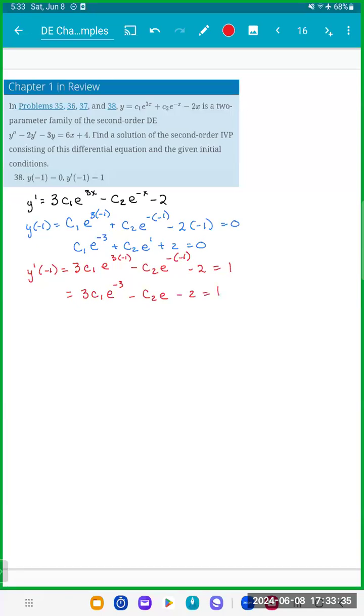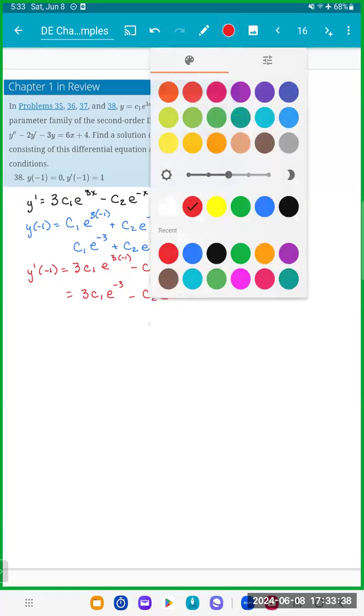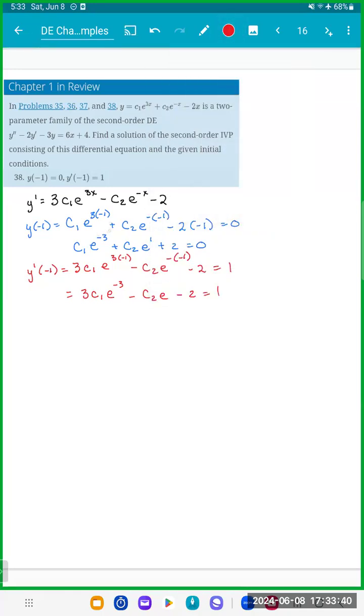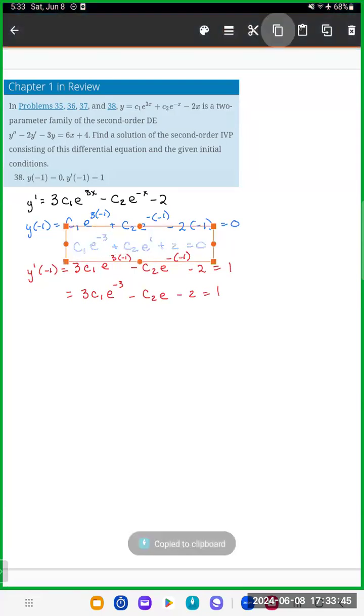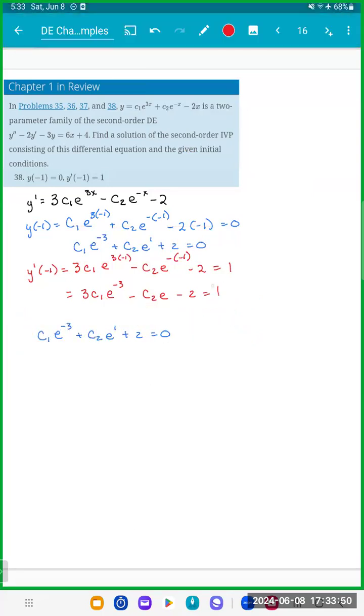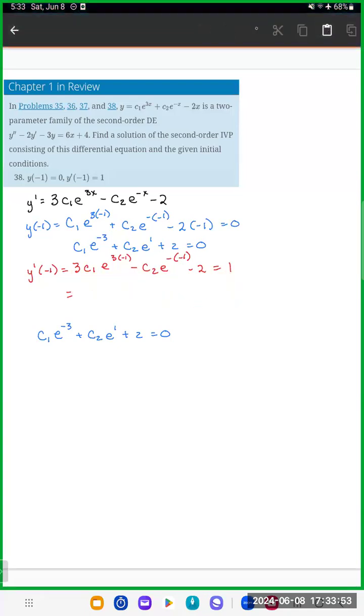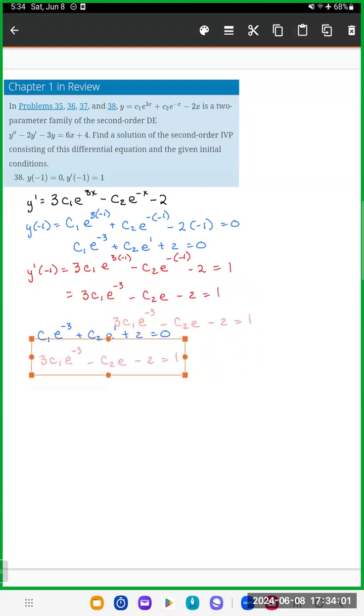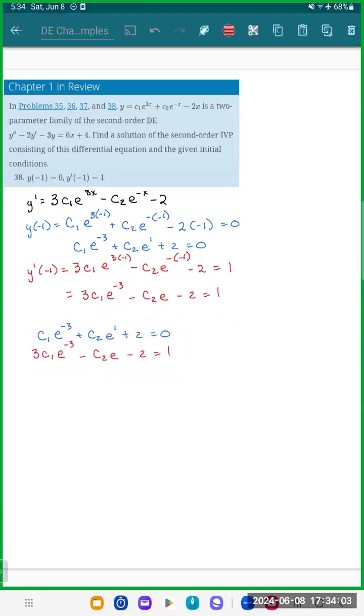So now we can combine these two equations. Let's just bring them down here. I'm going to bring a copy of it. When we add them together, these cancel out with each other.